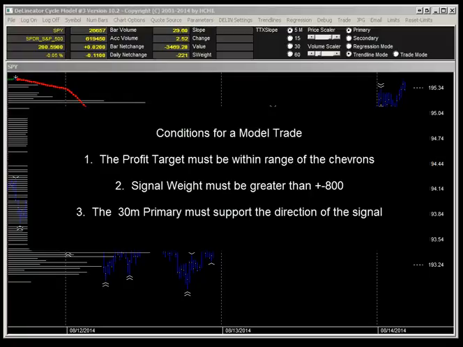Two, signal weight must be greater than plus or minus 800, plus 800 for a long signal, minus 800 for a short signal. And three, the position of the 30-minute primary supports the direction of the trading signal. For example, if the primary has just turned up, the model would not take a short signal against the direction of the primary during that initial phase.